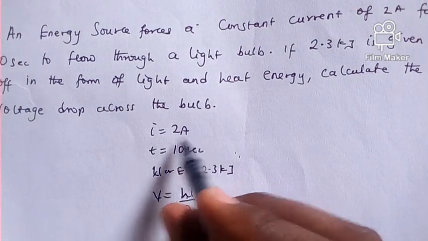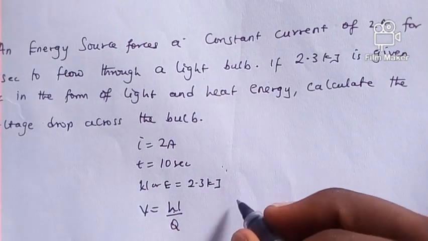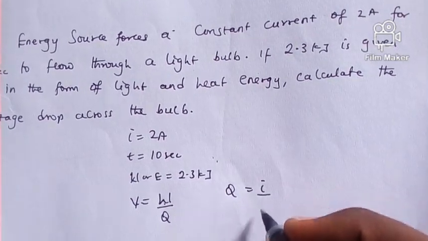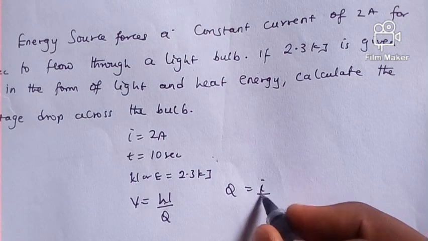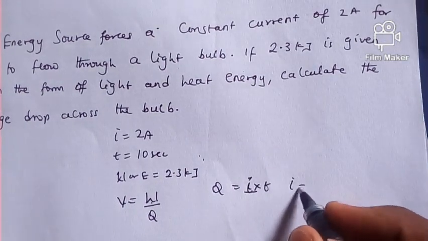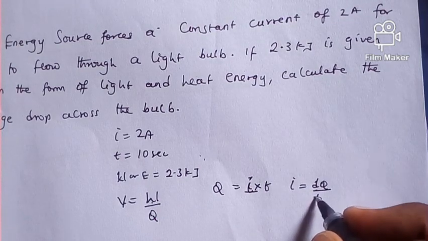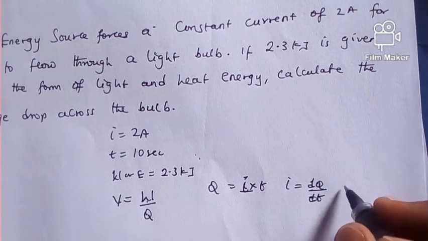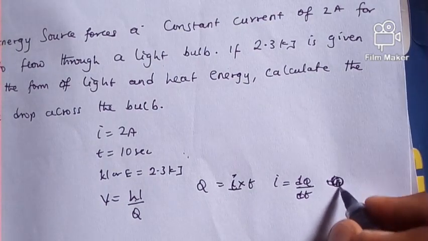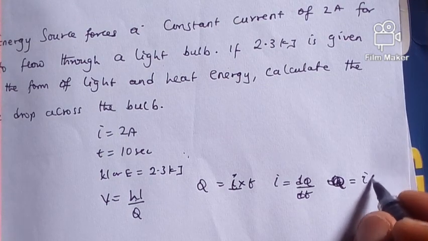But in this problem, we were not given charge, but we can get charge because we know that charge is equal to current times time, because current is defined as quantity of charge per unit time. So if I'm looking for charge, Q is going to be current times time.